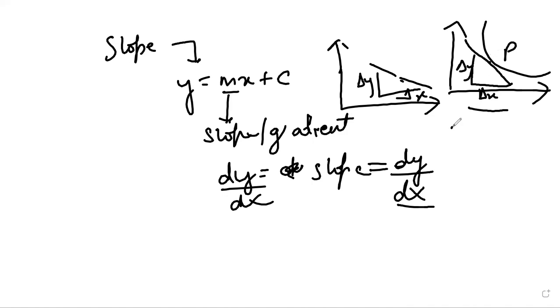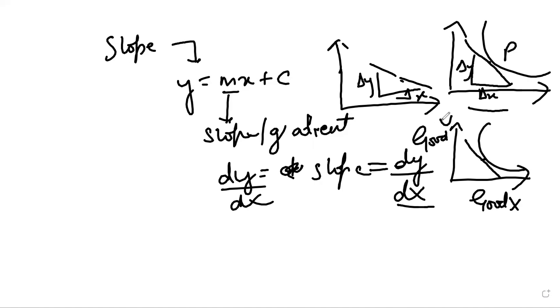Okay, so if you remember, when we were doing indifference curve analysis in microeconomics, what was the slope of the indifference curve? It is known as the marginal rate of substitution. On the x-axis, we took the quantity of good x consumed, and on the y-axis, the quantity of good y consumed, and the slope gave us the marginal rate of substitution.